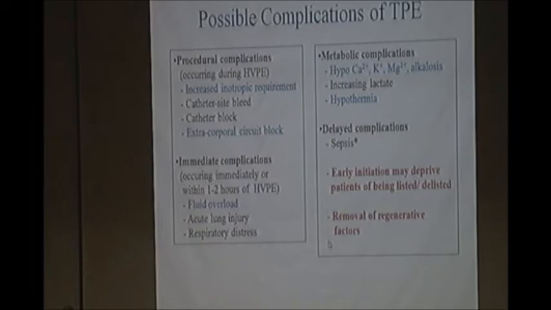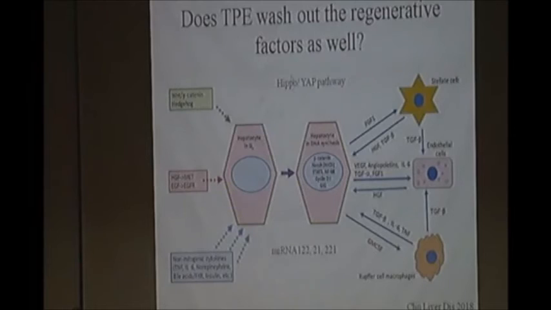And the second possible delayed complication is whether it removes the regenerative factors. So what we have seen is most complications are preventable or are transient. Now what about this delayed complication? Does therapeutic plasma exchange wash out the regenerative factors as well?